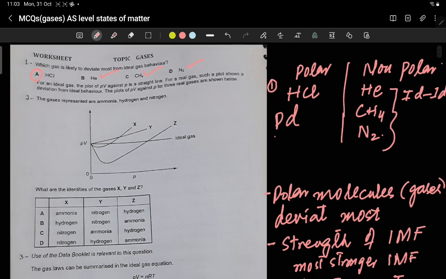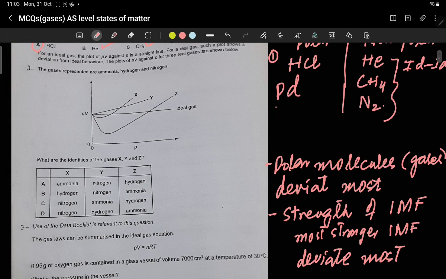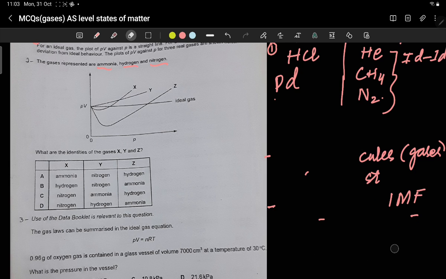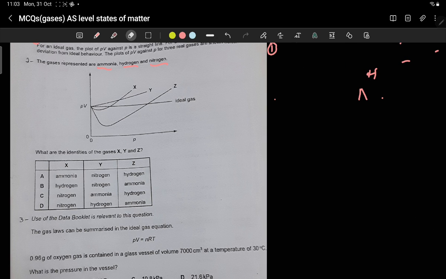There is another question. The gases represented are ammonia, hydrogen and nitrogen. As I have discussed in the above question, the polar molecule which exists in the gaseous state deviates most, while non-polar deviates less.